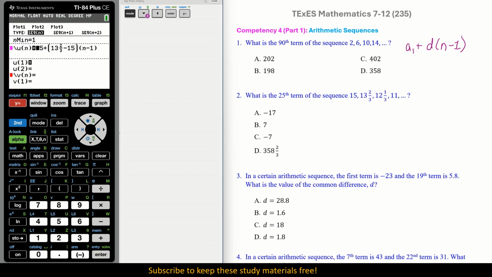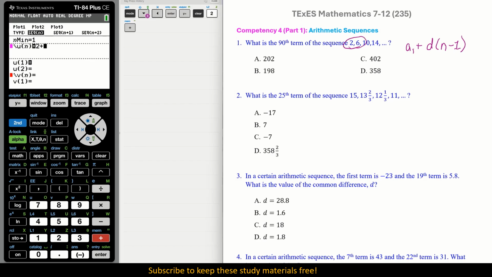Now go straight to Y equals, and let's clear out anything that's in there. Okay. Now we know that we have, I'm going to build this a little different, by the way, but we know we have 2 as our beginning. So let's say 2 plus. Now I'm not just going to put in 4. You can see the common difference is 4.